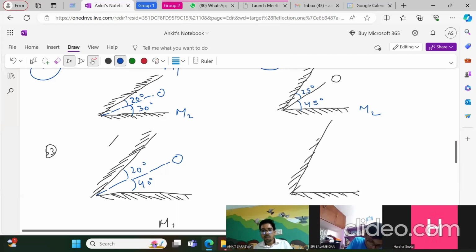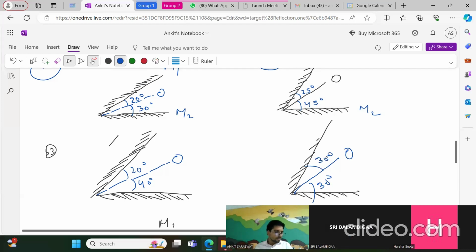Apply crisscross method and this object is 30, 30 here. Clear? Okay, I can give so many questions, but I want you to solve one more question I am giving.